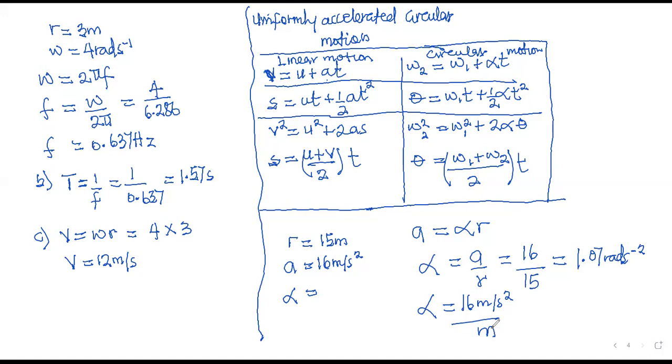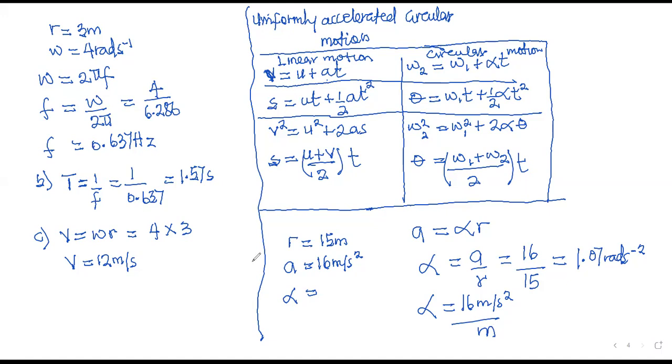The radius must be in meter, and automatically alpha would be in radian per second squared. So if the given quantities are not in SI, then you cannot express angular acceleration in radian per second squared, meaning that you must convert them in order to do so. So that must be your concern. Please, is there any other question?